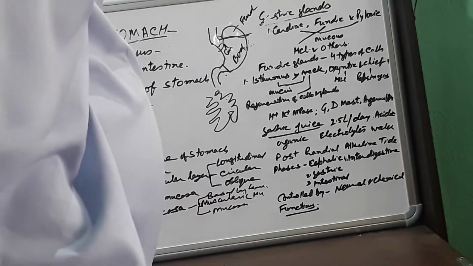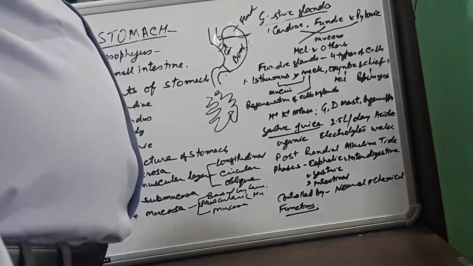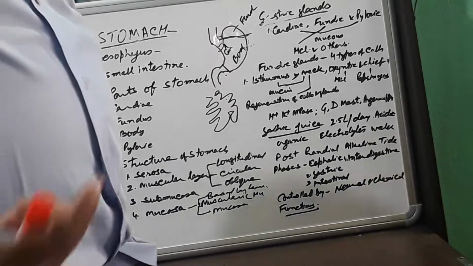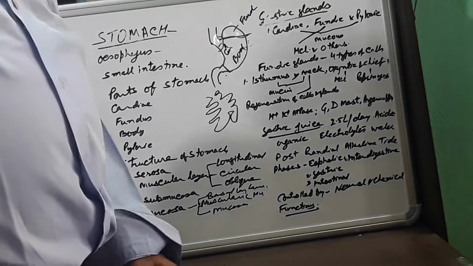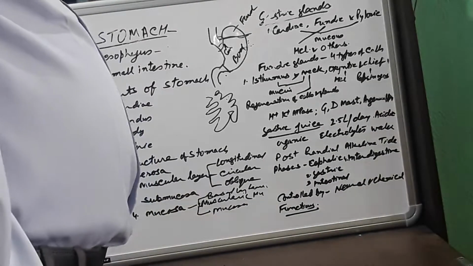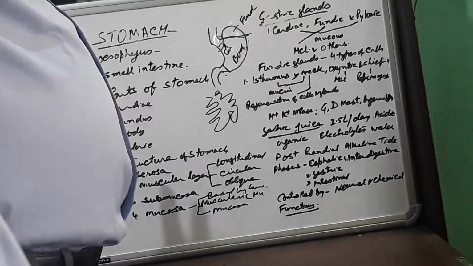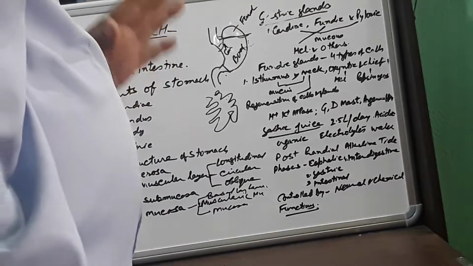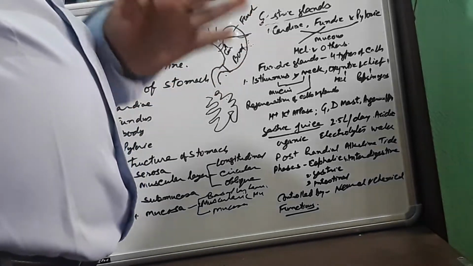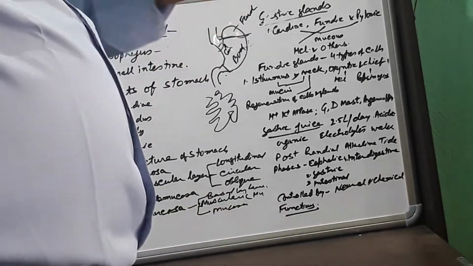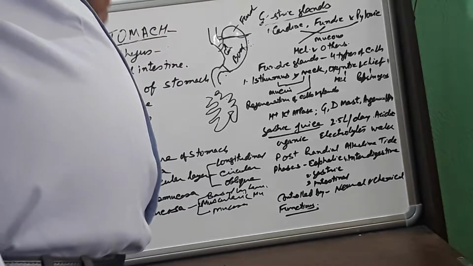Now, parts of the stomach. There are four parts: cardiac, fundus, body and pylorus. In some books, they say only three parts: fundus, body and pylorus. But it is better to know four parts. The cardiac part is near the cardiac orifice.